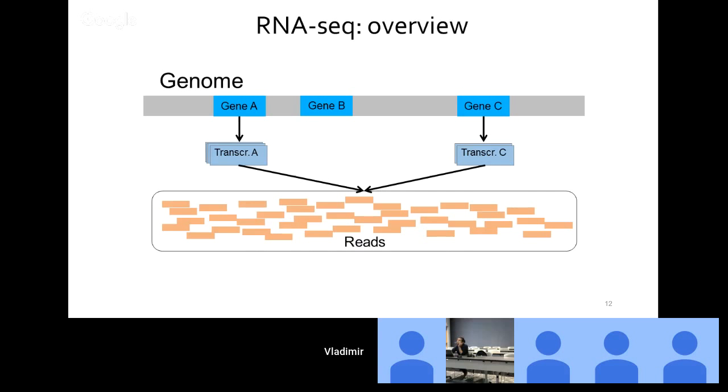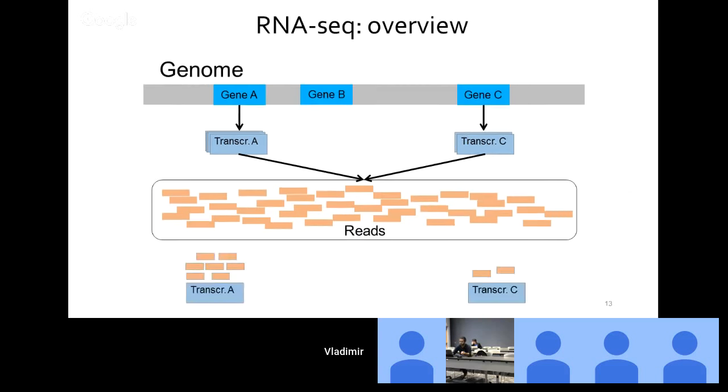All messenger RNAs are simply cut randomly into short pieces. Initially, we do not know the origin of each piece, but in any case, the more transcripts corresponding to a gene we have in a sample, the more short segments originating from these transcripts are observed in the whole stack of short sequences. These short sequences are sometimes called reads.